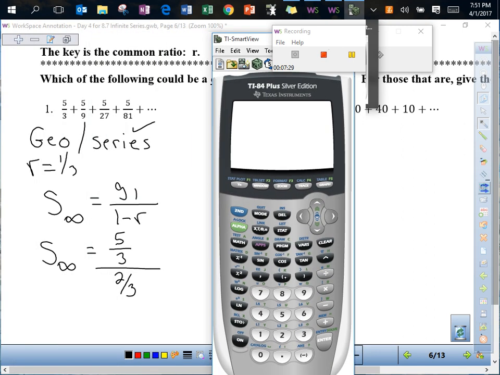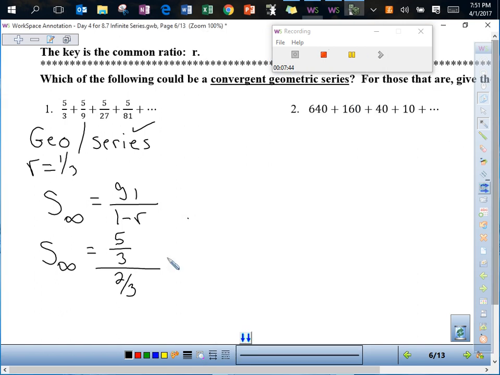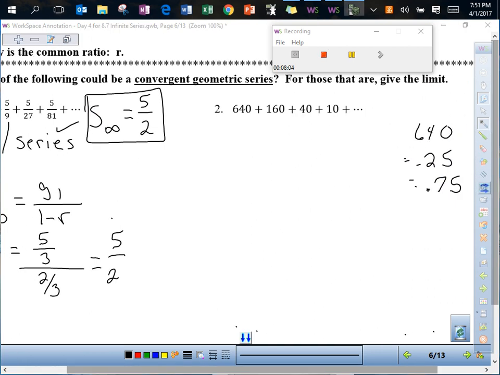Meaning this: parenthesis 5 divided by 3, divided by parenthesis 2 divided by 3. Math enter, in case it's an ugly decimal, tells me this sum is going to be 5/2. So I'm going to come up here and say the sum as we go to infinity is going to approach 5/2. But the key thing there, guys, is you've got to make sure that it's geometric.